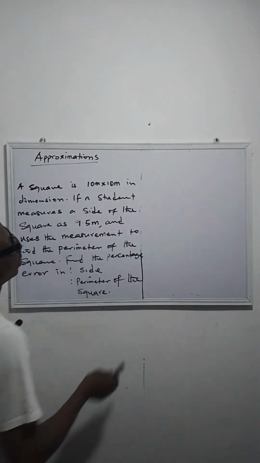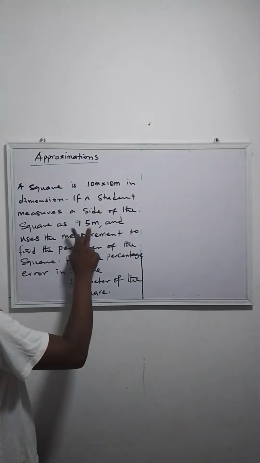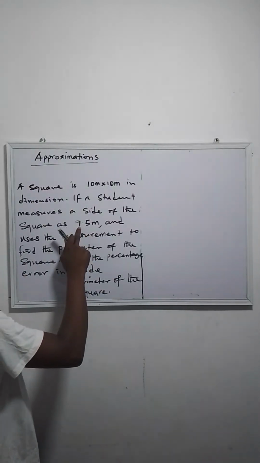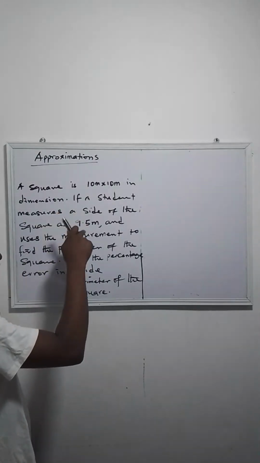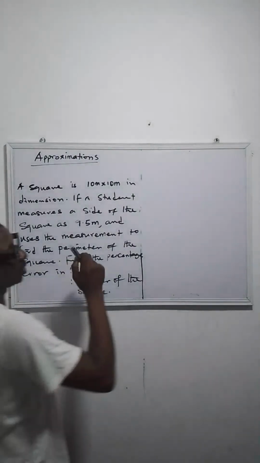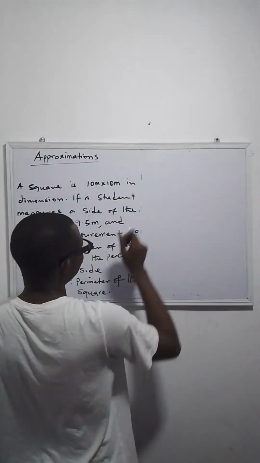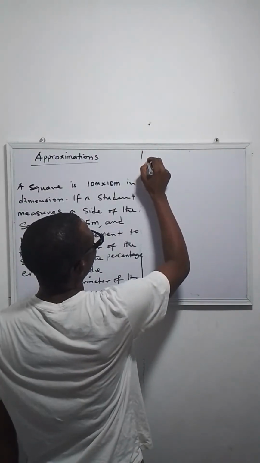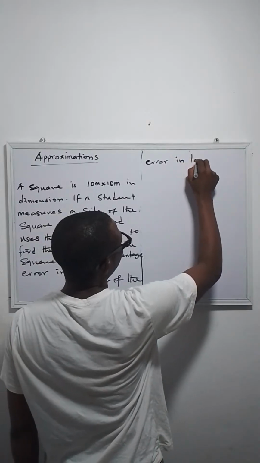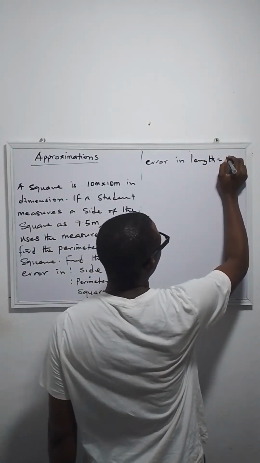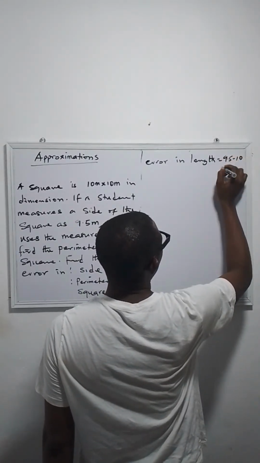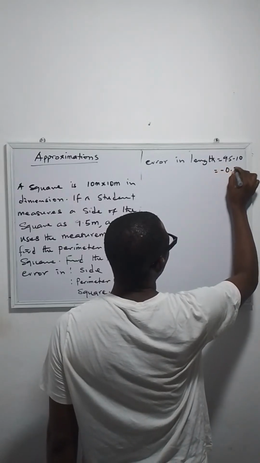All right. So now let's see the error made by the student. He measured one side as 9.5. That means he is saying that all the sides are 9.5 meters. So now let's get the percentage error in length. The error in length, that is the length of the side, is going to be 9.5 minus 10, and that's going to give us negative 0.5 meters.